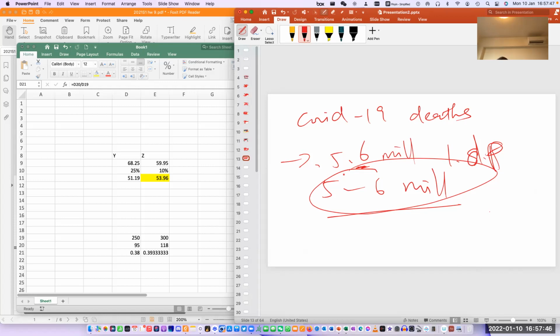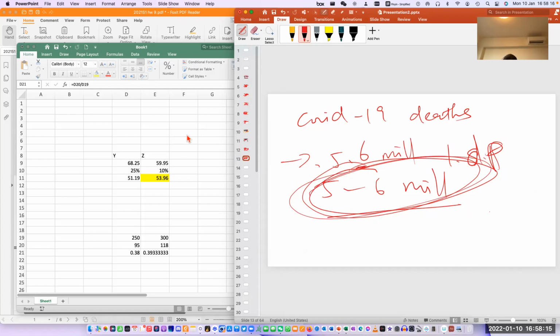We're not arguing that certain countries did not report to the WHO, the World Health Organization, and that's why the numbers get affected. We are not so concerned about the accuracy of the number, but we are very much concerned about the size of the number. So it's from 5 to 6 million.